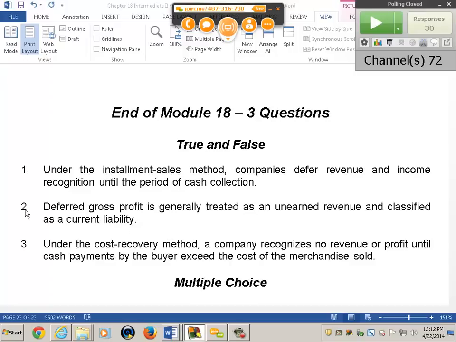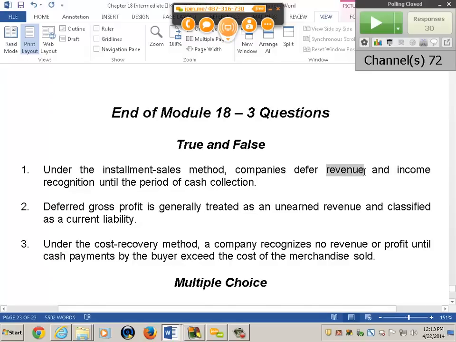Nope, you just defer the gross profit. Yeah, just the income of the profit. Right. But cost recovery is the opposite. Cost recovery is the same thing. You basically record everything in the same way and recognize profit only when cash payments exceed the cost of the merchandise. Right? So what makes them false, as you said, was that you don't defer.